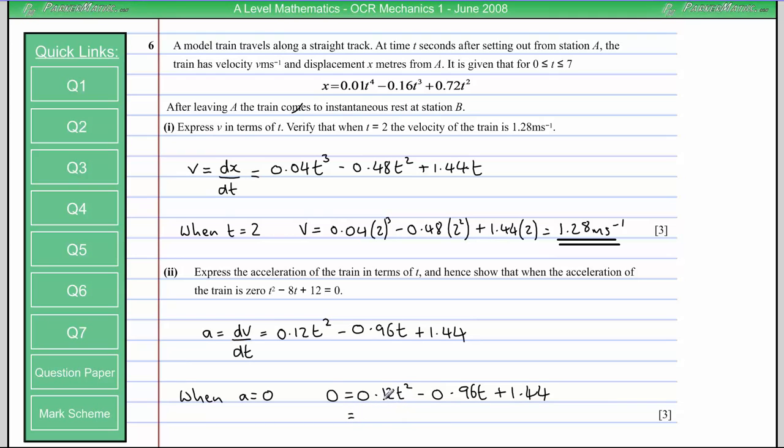If we do that, we get t squared here, because 0.12 divided by 0.12 is 1. How many 0.12s go into 0.96? That's the same as how many 12s go into 96, and that's 8, so we get minus 8t. How many 0.12s go into 1.44? That's going to be 12, so we get plus 12. So we get 0 equals t squared minus 8t plus 12 as required.